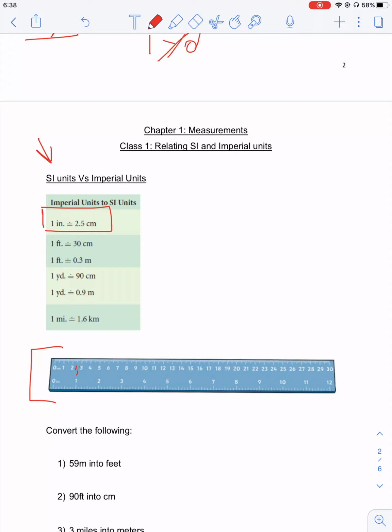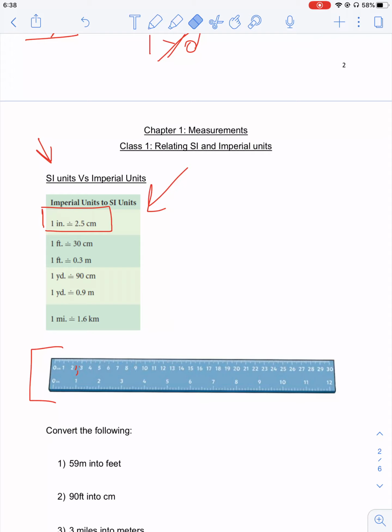In the English textbook, this table, I took a snapshot of this from the English textbook, gives you 2.5 because that's how the rulers are made, right? So in your ruler, it's 2.5, but that's not exactly 2.5. It's very close to 2.5. It's 2.54, but even 2.54 is an approximation.